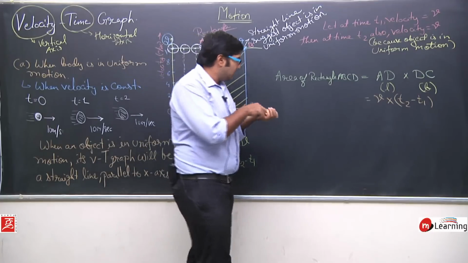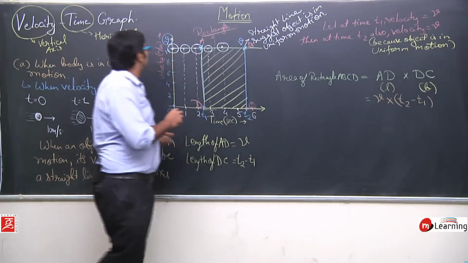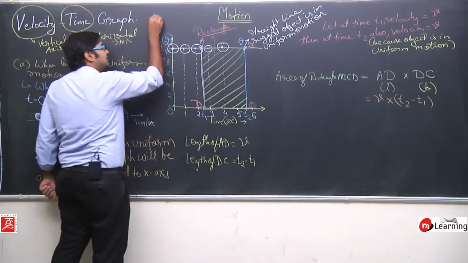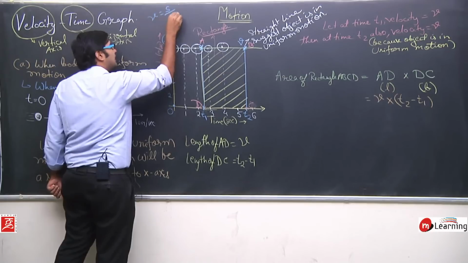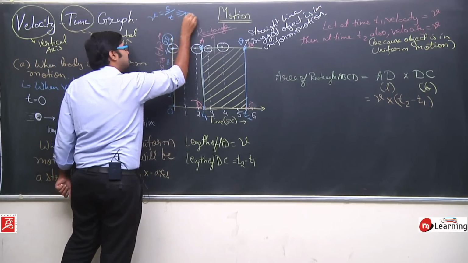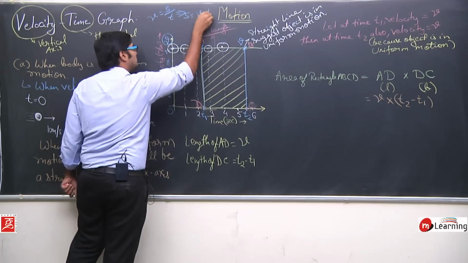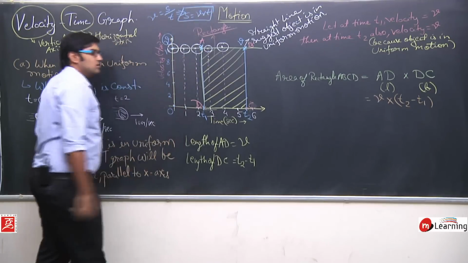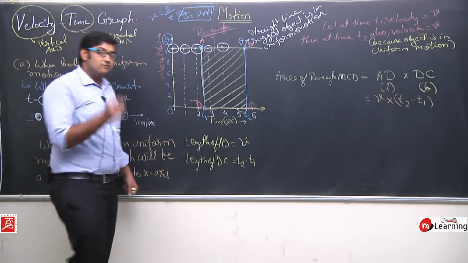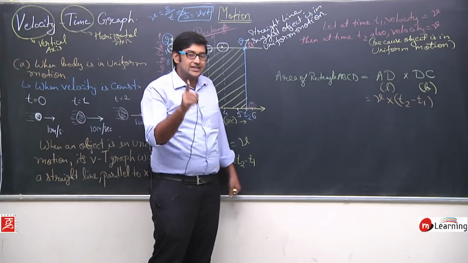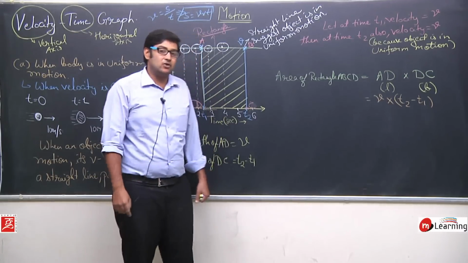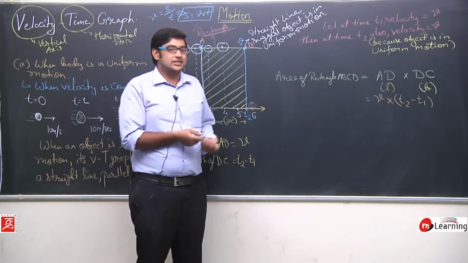We studied a very important equation, that velocity is basically displacement upon time. Now this implies that displacement is equal to velocity into time. So when you multiply velocity and time, this will give you displacement or distance, okay.